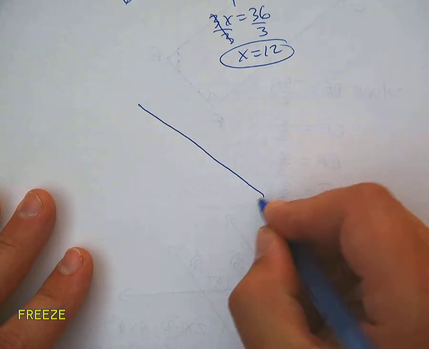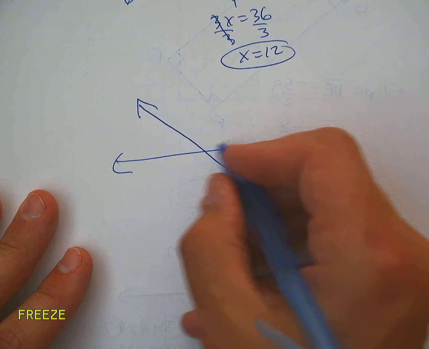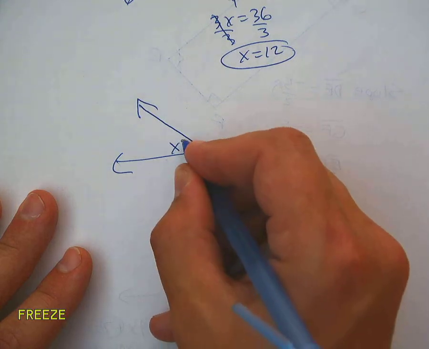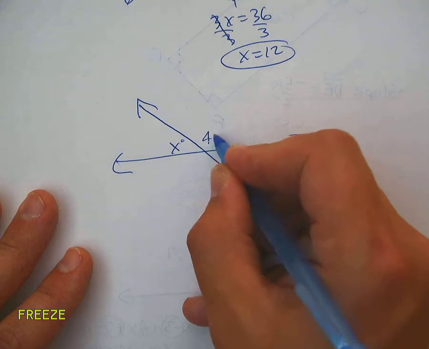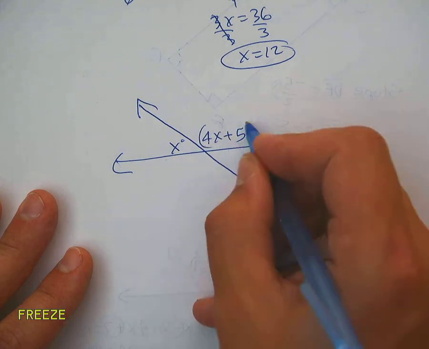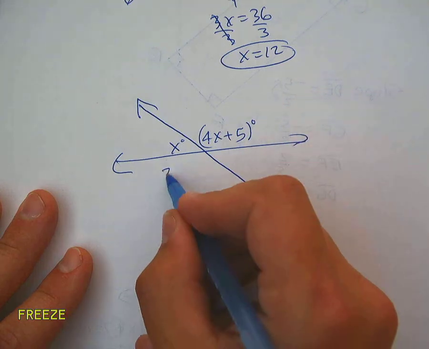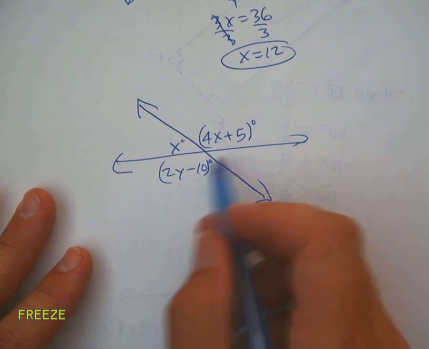Last but not least, I've got one more question for you here. Let's say this is x. This is 4x plus 5 degrees. And this is 2y minus 10 degrees. Notice there are two variables here.